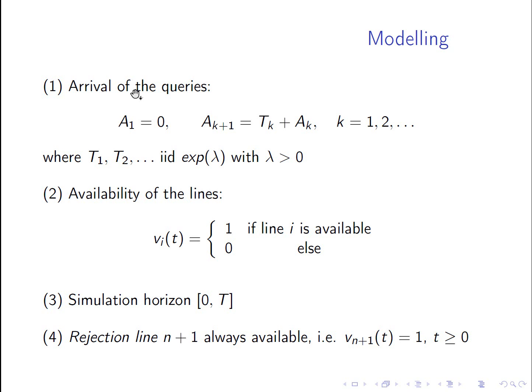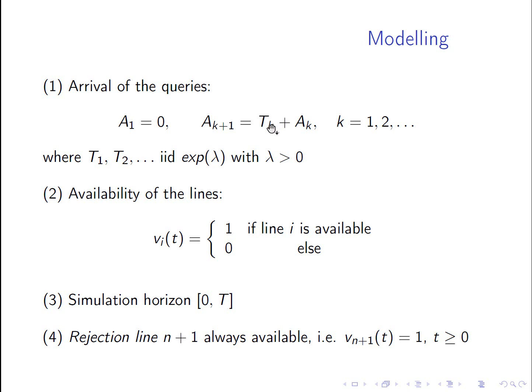And the typical model for the arrival of the queries is to model the inter-arrival times, capital T_1 up to capital T_2, as exponentially distributed with parameter lambda greater than 0, and also, of course, independent. And exponentially distributed inter-arrival times, well, that's a really standard model. In particular, because the exponential distribution has the property of no memory.